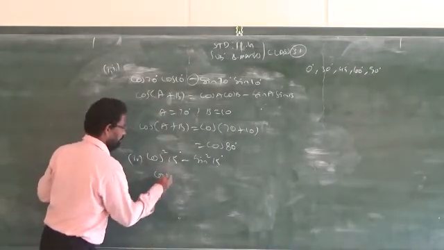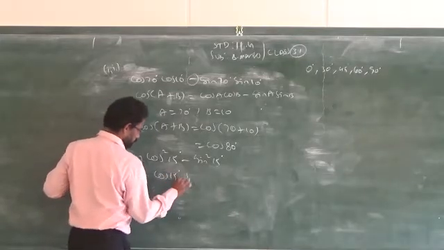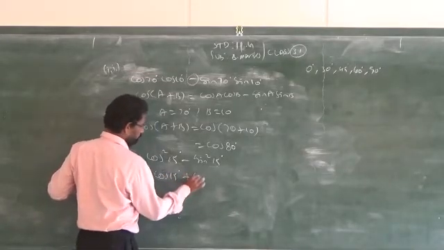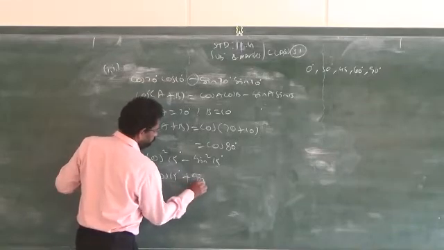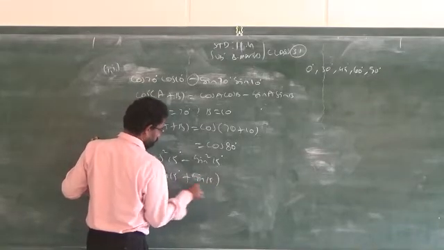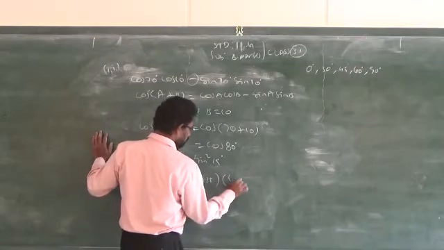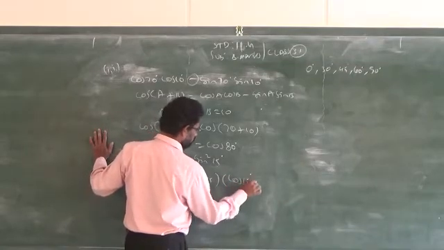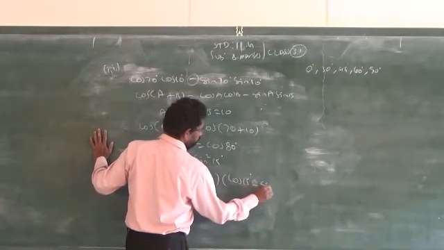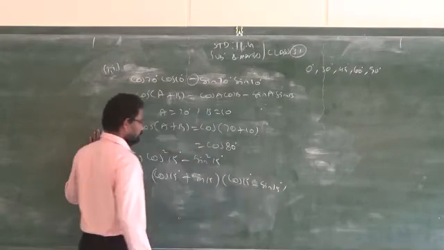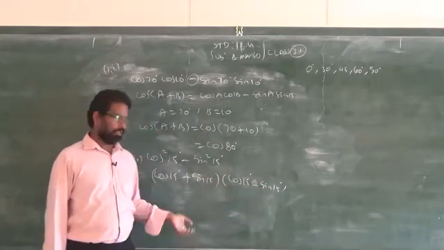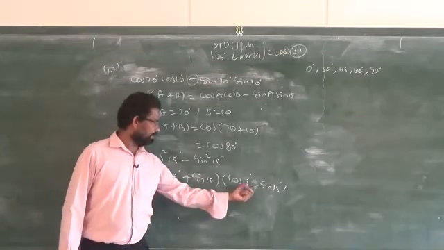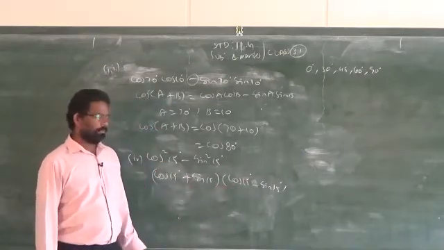Or we have straight away formula, cos A minus cos B, cos A plus cos B, cos A plus cos B into cos A minus sin B. Clear?